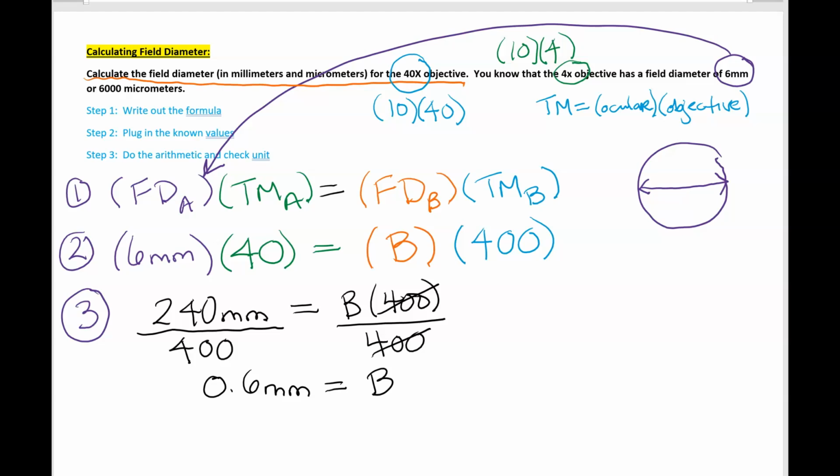So I originally had 6 millimeters, 10 times smaller using the 40x objective gives me a field that's 10 times smaller. And again, if that didn't make sense to you, just leave it off to the side. So this question tells me that I need to calculate field diameter in both millimeters and micrometers. So let's do that conversion.